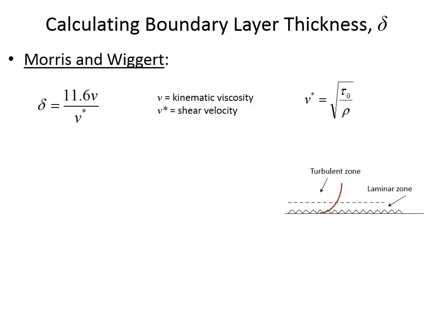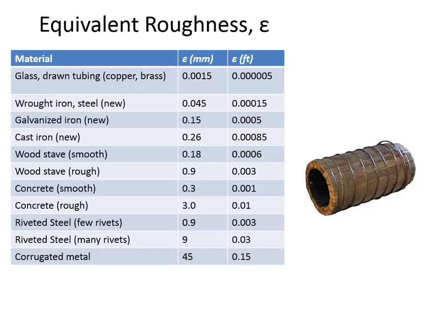But remember, the roughness of the pipe material is one of the two things that affects the thickness of the boundary layer. They list glass, drawn tubing, copper. What does that mean? So glass is one pipe material that would have this roughness, and others would be like an extruded pipe.